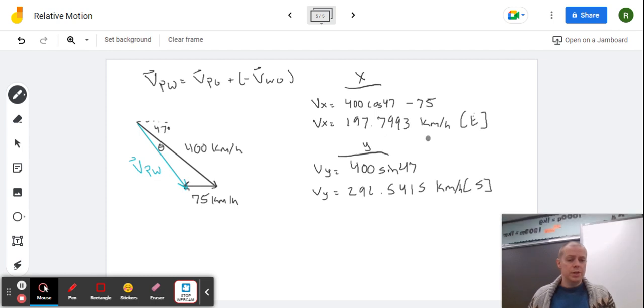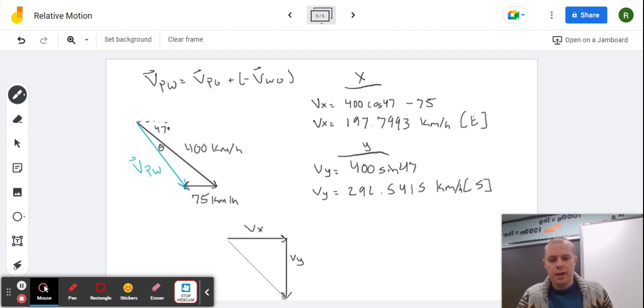We have two vectors, a single vector going east and a single vector going south. So we can just make a little right-angled triangle. Right? Vx, Vy, and then the vector that we are trying to find, v_pw. Okay. So we use Pythagorean theorem on these two things.